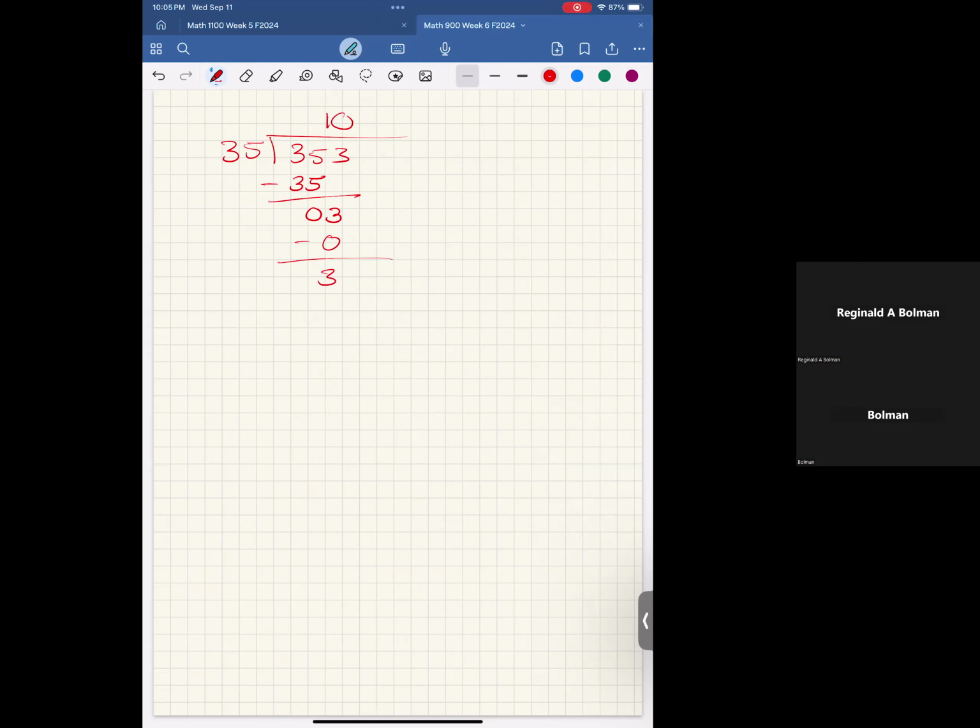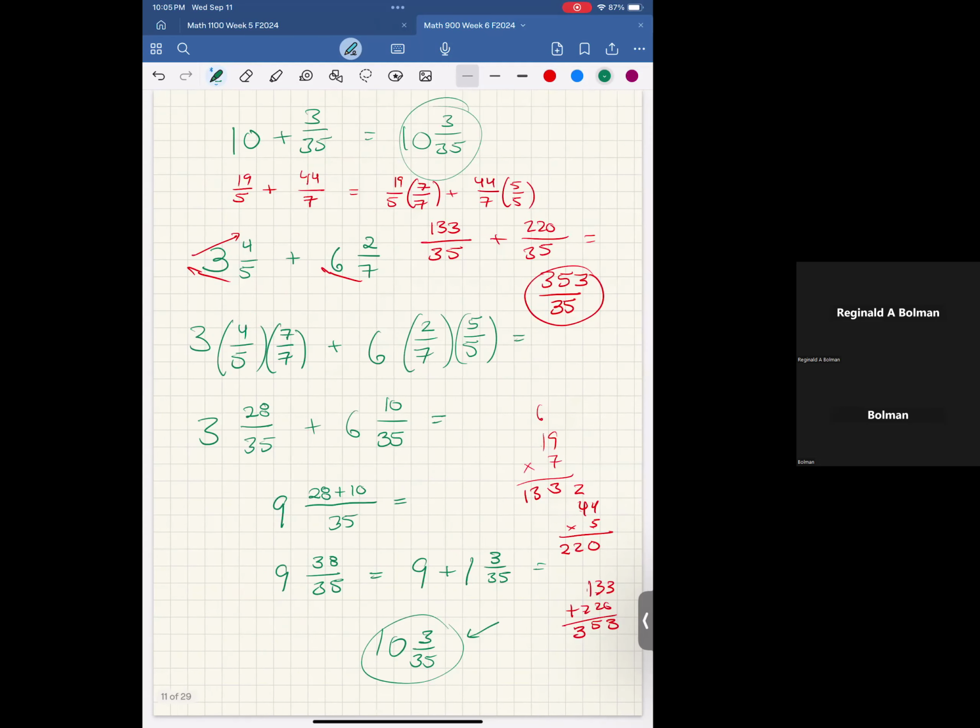So what is 353/35? Well, we found that we have 10 whole pieces and 3 remaining from 35. And that was indeed what we obtained in our previous answer, right? We got 10 and 3/35.